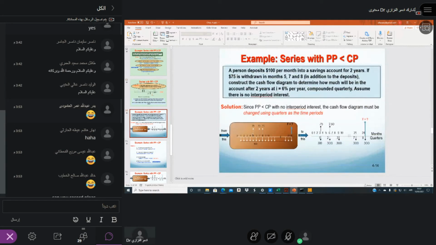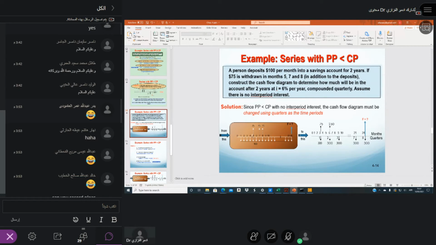So here they said he got $75 at month number 5, another $75 at month number 7, and then another one at month number 8. And the compounding period, that is the time they are getting this compounding, is quarterly. So how many quarters in a year?